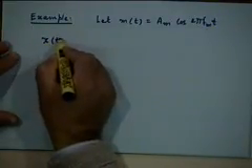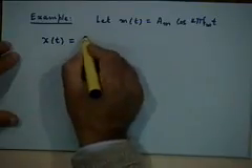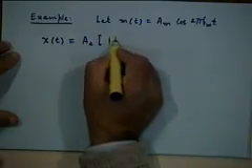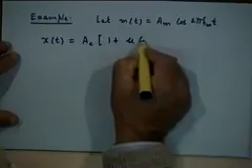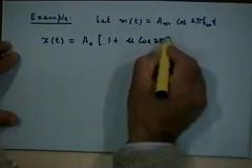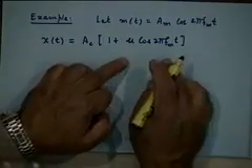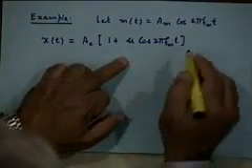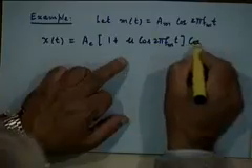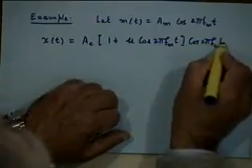So that your modulated signal x of t is given by, what will it be given by? Something like this, right? 1 plus mu times the message waveform m of t, into the carrier, right?